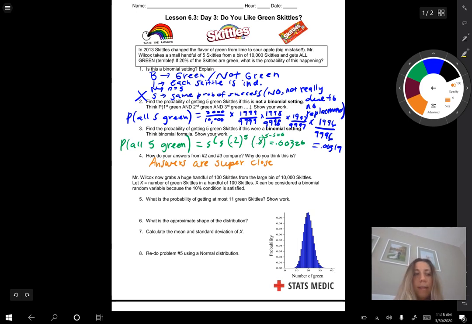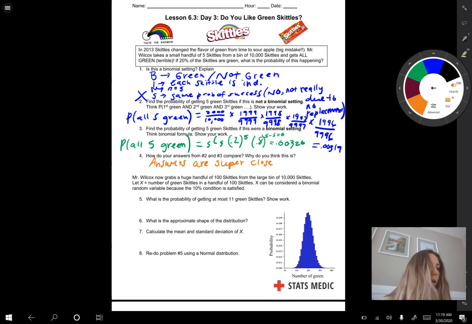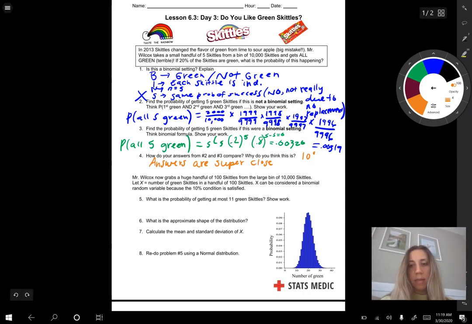And this happens because the sample size is so small, yet the population is so large. So if we check our 10% condition in this case, that would be 5 times 10 equals 50. That is way less than 10,000, right?